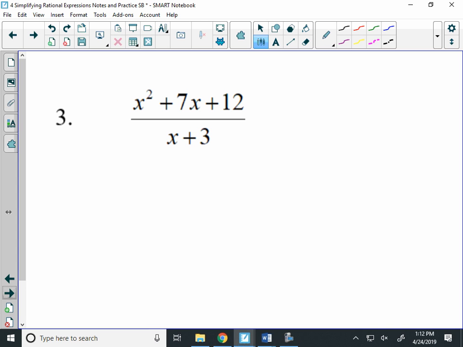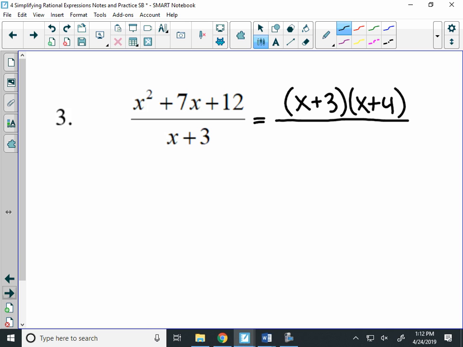Don't worry. Alright, x squared plus 7x plus 12 over x plus 3. Can the numerator factor? Probably. Otherwise, there'd be no point in giving this problem to you. So, I need to find two numbers that multiply to 12. 3 and 4, yeah. So I have x plus 3, x plus 4, over x plus 3.